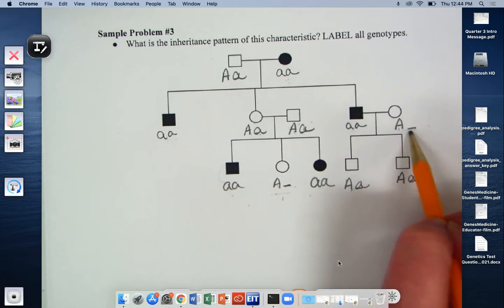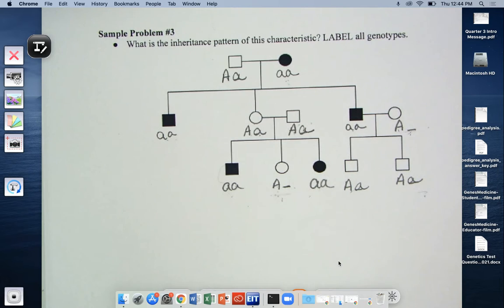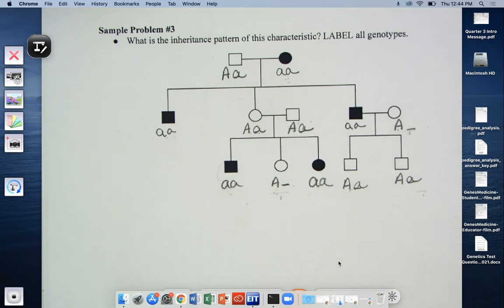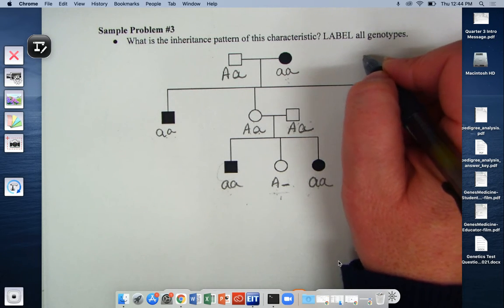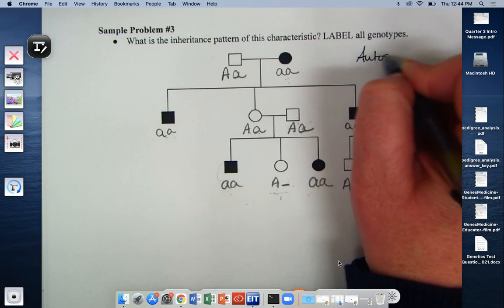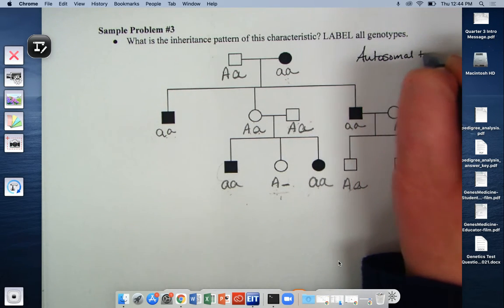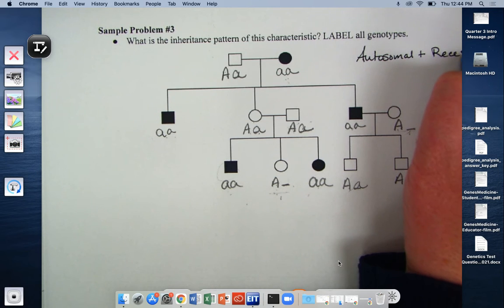So we don't know that one and we don't know that one. So we have 2 don't know. So now we've completed it. It does match. It does make sense. I don't have a child that I can't explain genetically this way. So this inheritance pattern is autosomal and recessive.